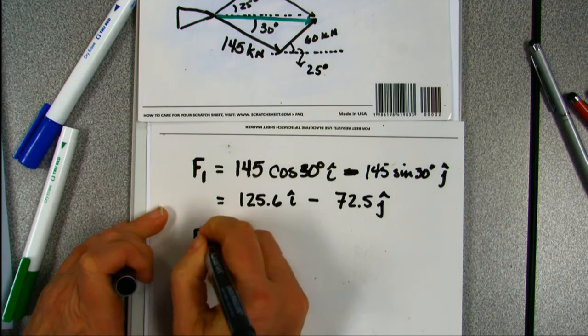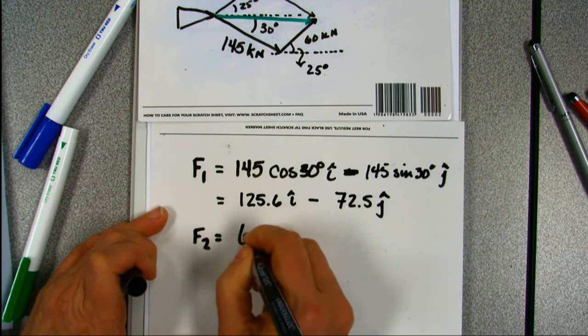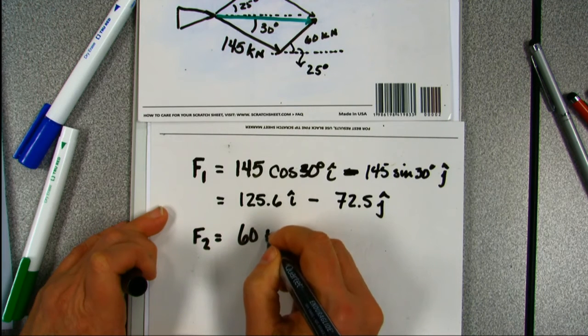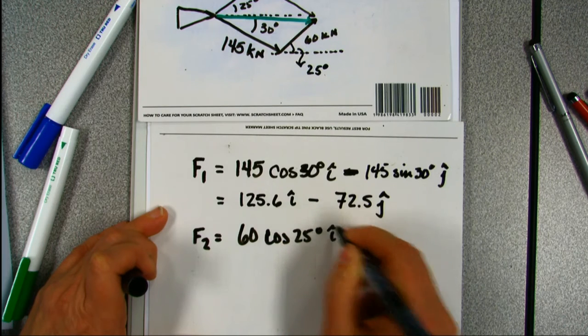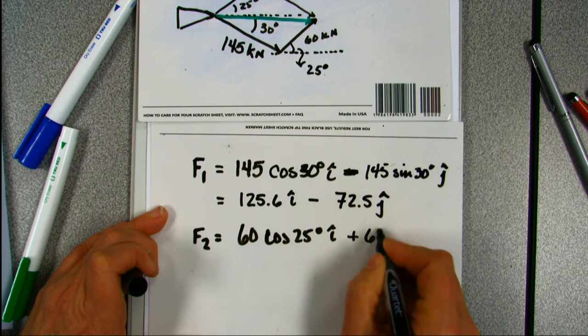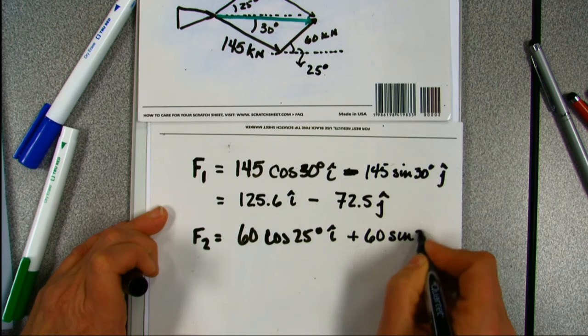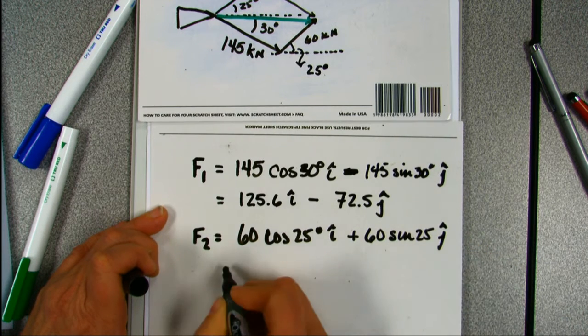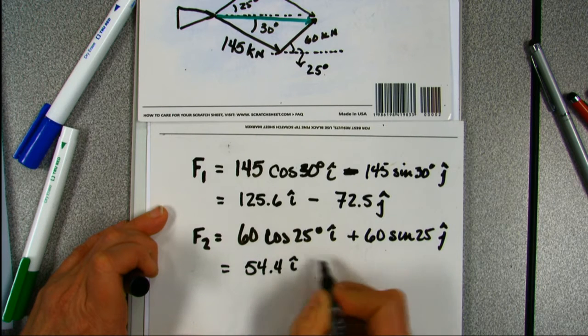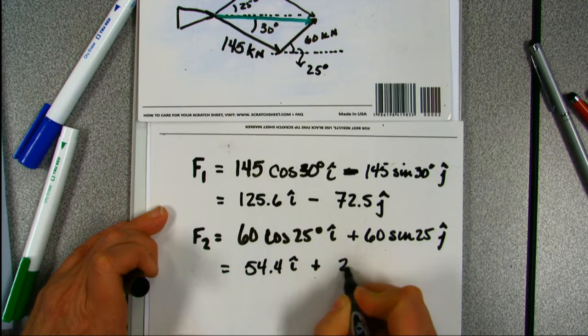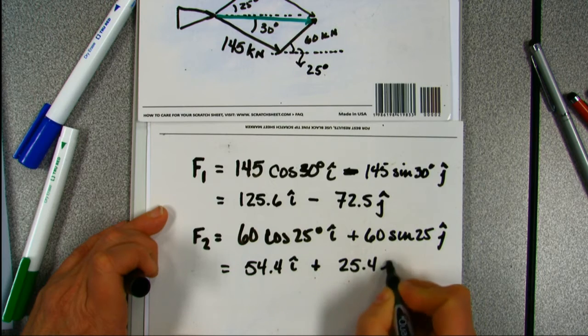I can do the same thing for vector number 2. That's 60 kilonewtons cosine 25 degrees i plus 60 sine 25 degrees j. It's going to give me my 54.4 i plus 25.4 j.